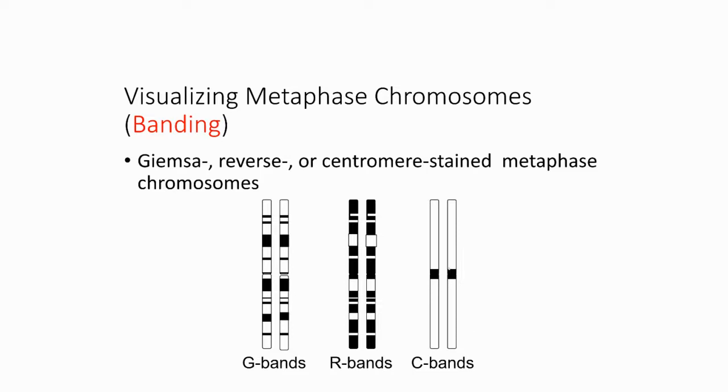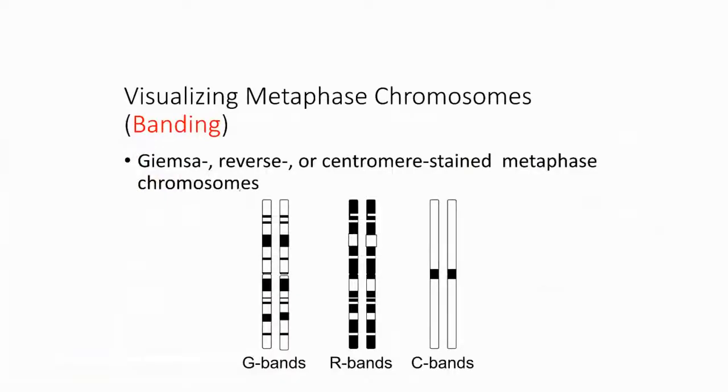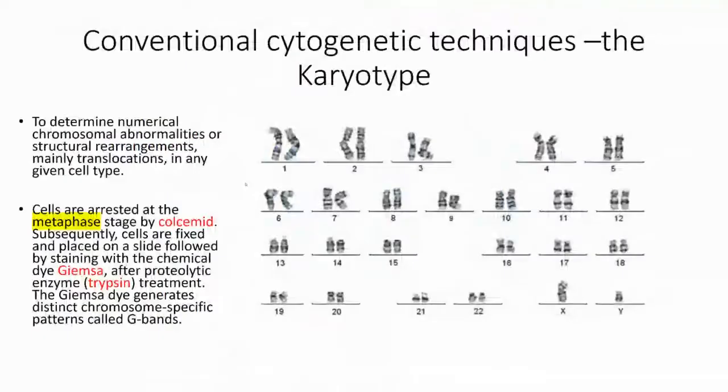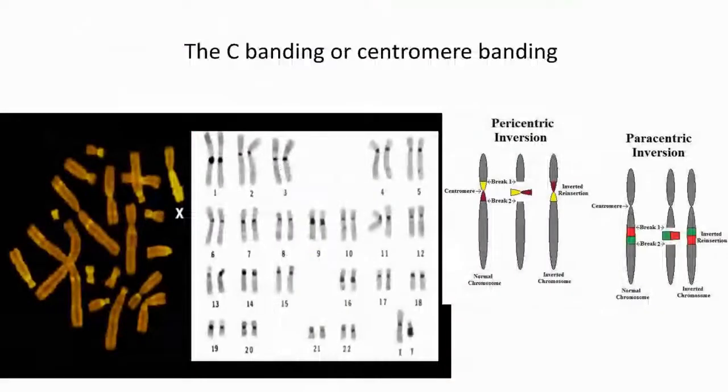And then C banding. C banding basically will stain the centromere. Like here is the C banding. You can see the C banding. So that gives you this stain of the centromere. See the difference between C banding and G banding here. G banding, you can see all this banding pattern. For C banding, you don't see the pattern. You only see this centromere.